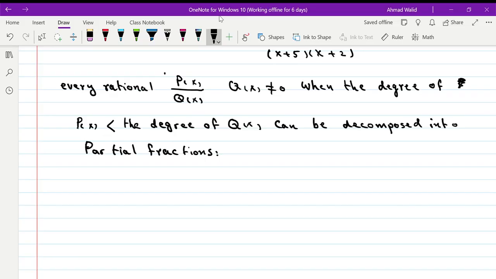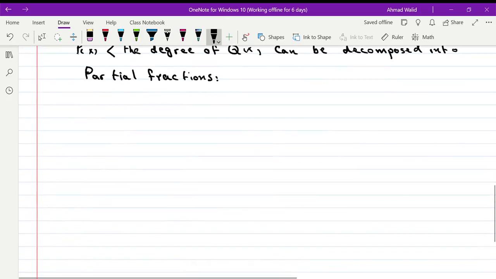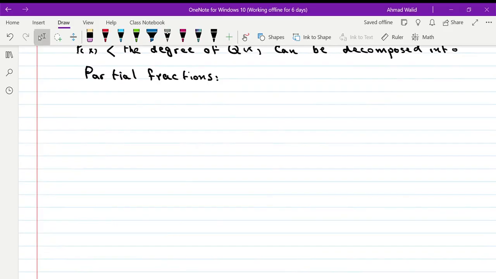When the degree of the numerator is less than the degree of the denominator, you can decompose that rational expression into partial fractions. For example, x plus 14 over x minus 4 times x plus 2.